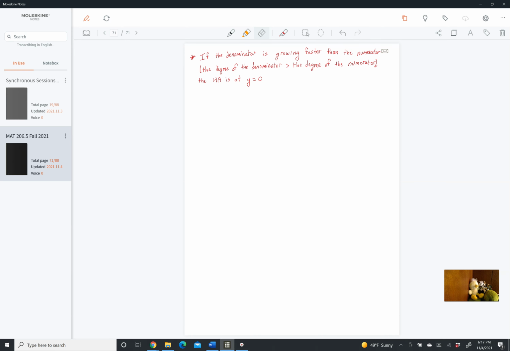Okay, let's look at the second case. Case 2 kind of seems obvious. Case 1 is that the numerator is growing more slowly than the denominator, or the denominator is growing faster than the numerator. Second case is the opposite.